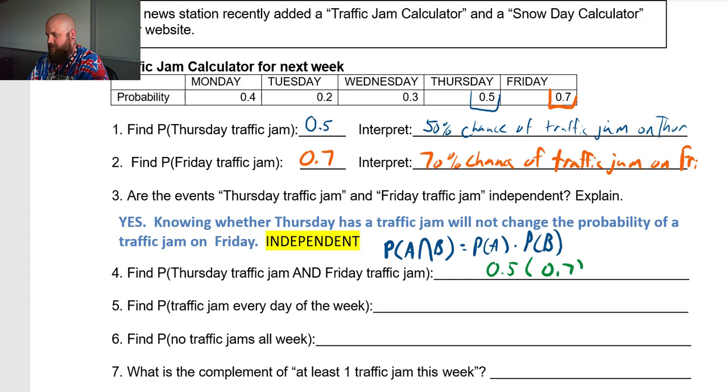Put it in the handy dandy calculator, and she gets 0.35.